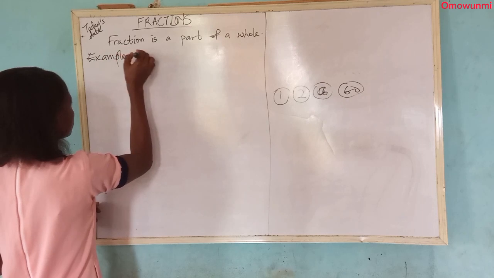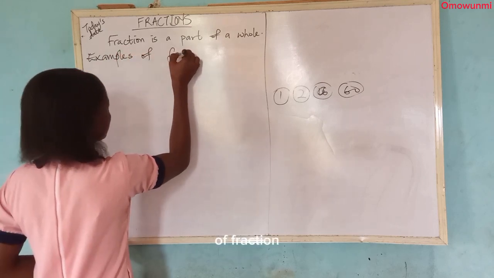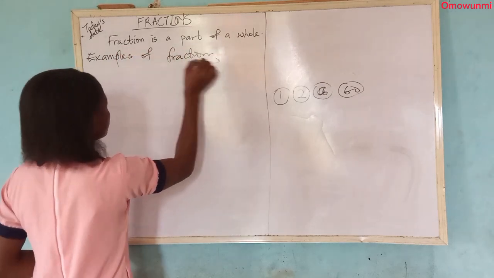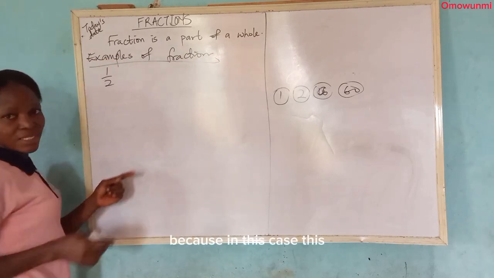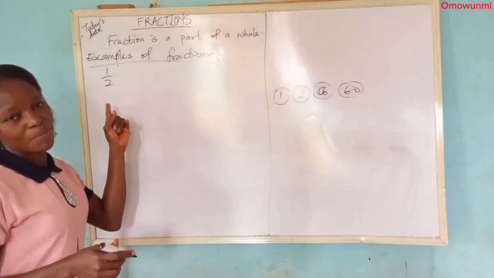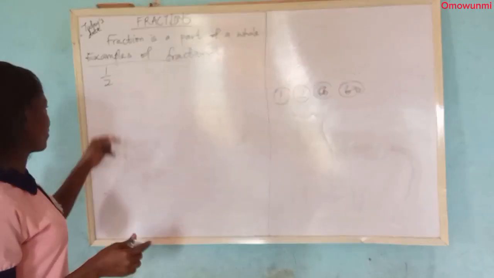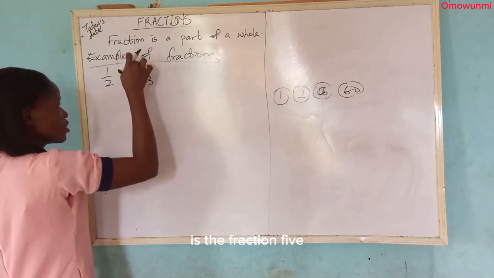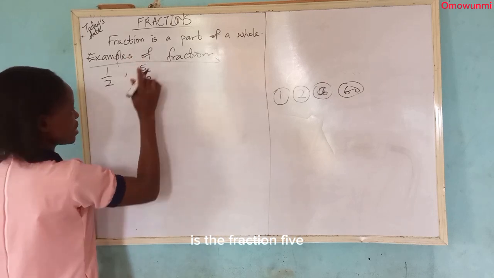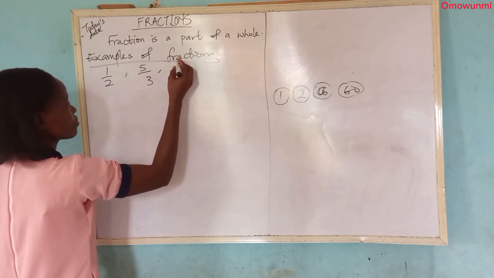Examples of fraction. You can have 1/2. In this case, I'm having one number up, another number down. This is a fraction. 5/3. A number is up, another one is down. This is an example of fraction.